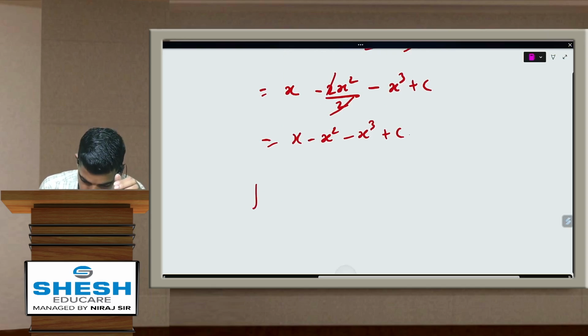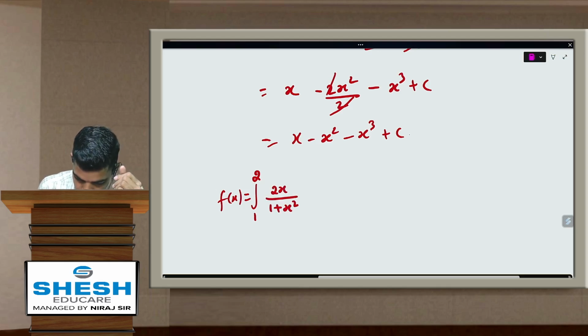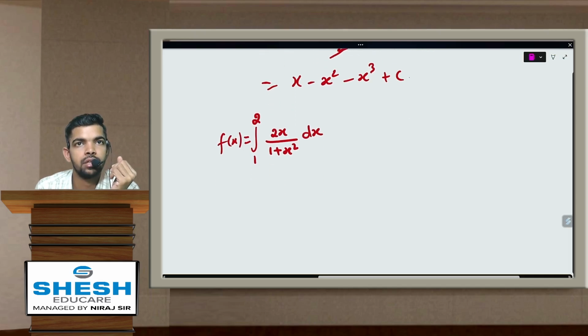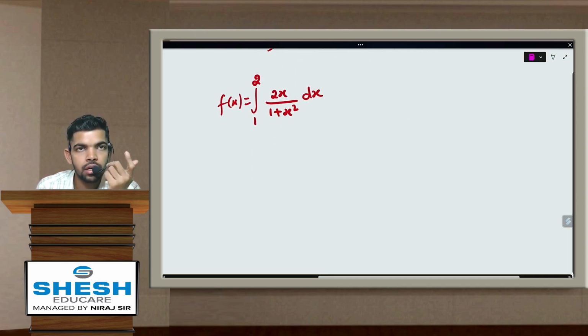See what is given. The function is given as f of x is the integral from 1 to 2 of 2x upon 1 plus x square into dx. Now we have to find what will be its integration.